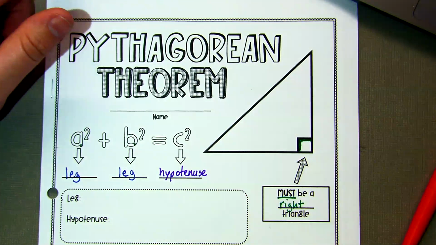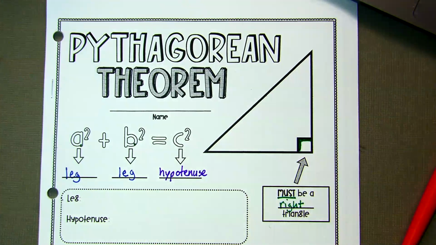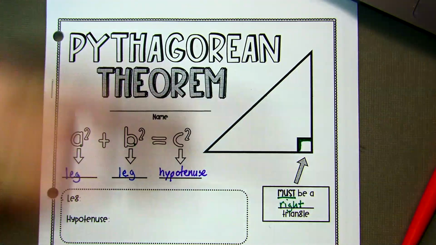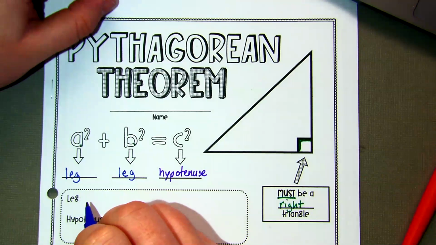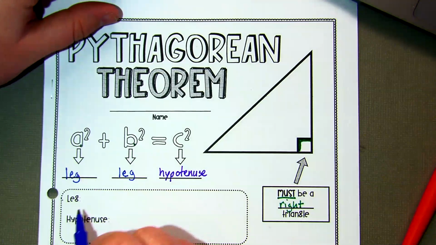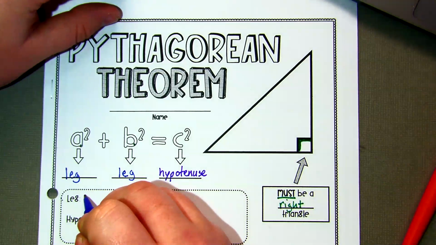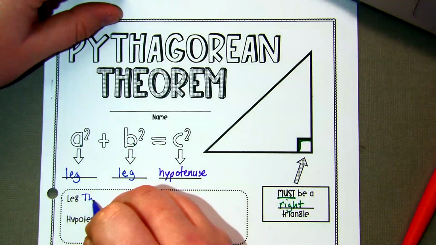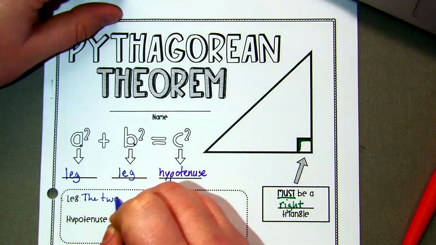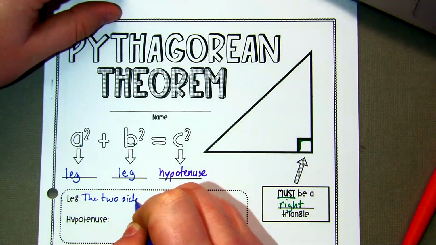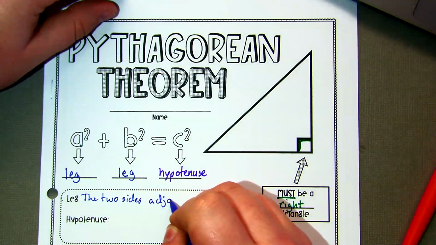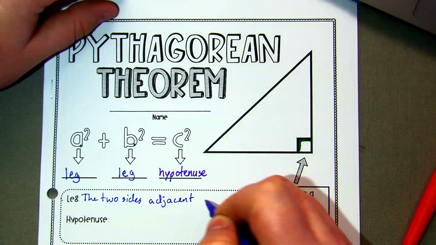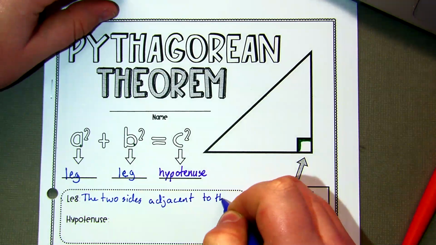So before we get too far, I want to get a couple definitions down just so we make sure we're all on the same page. The first definition we're going to use is the definition of a leg. Legs are the two sides adjacent to the right angle.